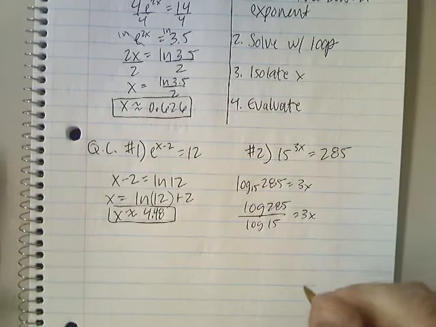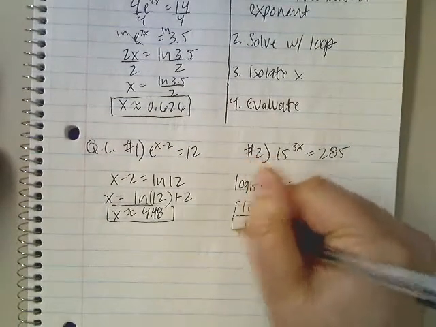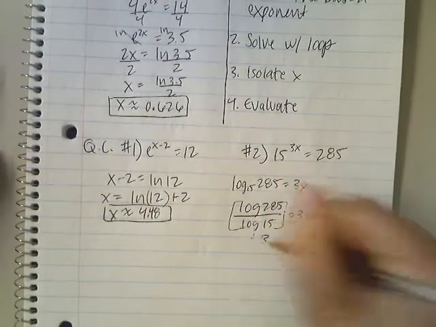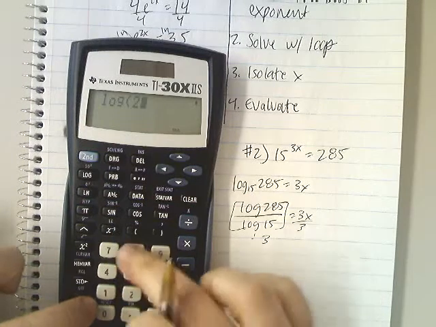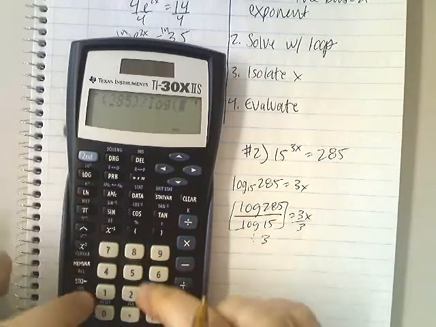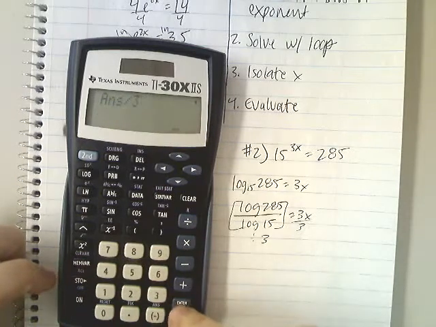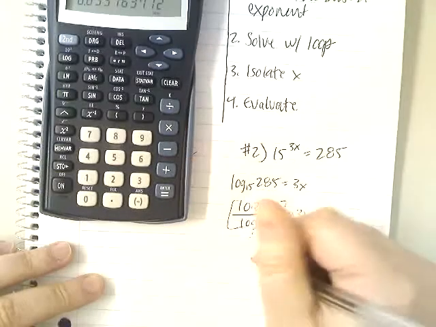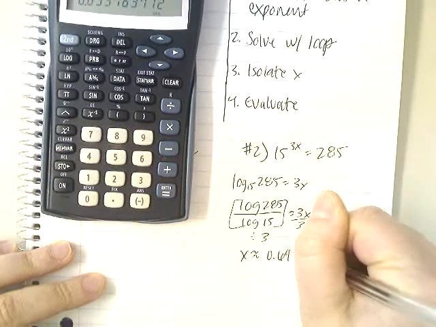And then you can plug that in and divide by 3. So we're going to divide this whole thing by 3. So you have log 285 divided by log 15, then divided by 3, and you get x equals approximately 0.696.